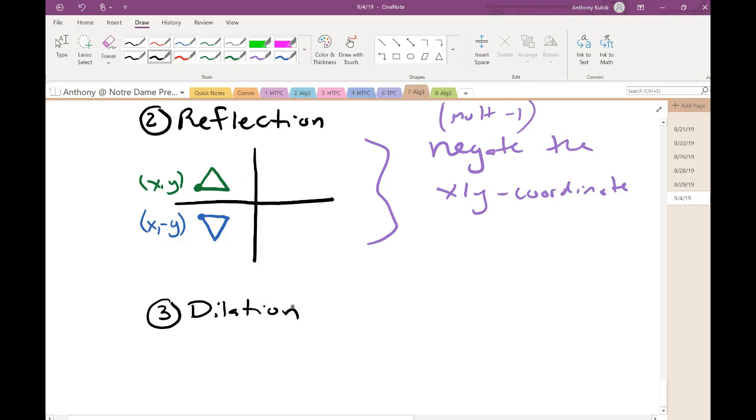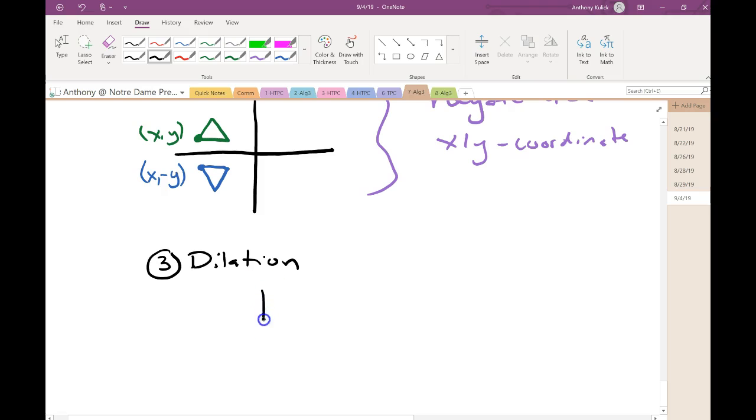The next type of transformation is called a dilation. So when you dilate something, making it smaller or bigger, the size changes, the shape remains the same, the orientation should remain the same, the location could change, at least for some of the points.